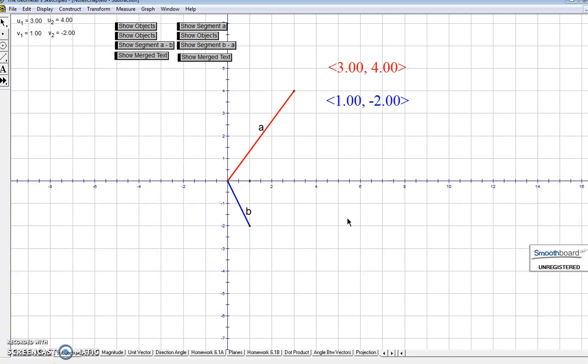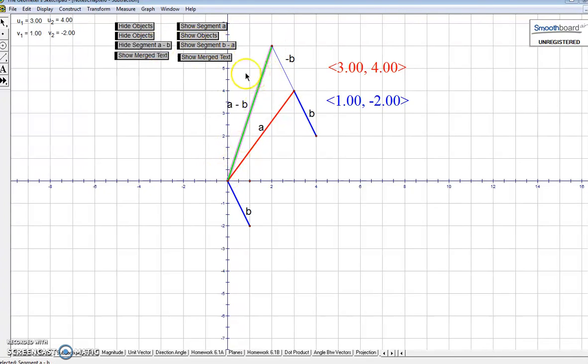There we go. Okay, so same vectors now. If I were to think of addition, a plus b would get me here. a minus b just means take a, but then don't apply b this way, apply it in the opposite direction. So a minus b would get me going way up to here. So this green vector represents a minus b.